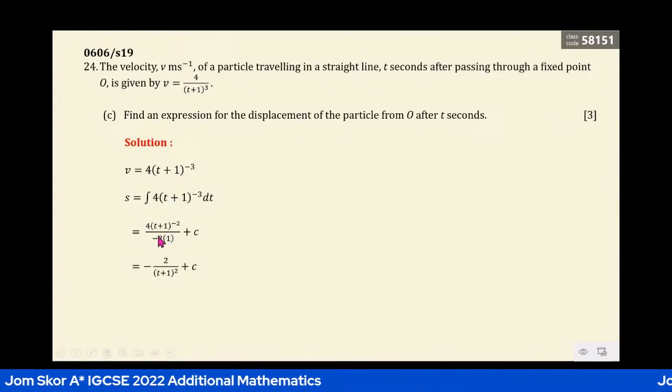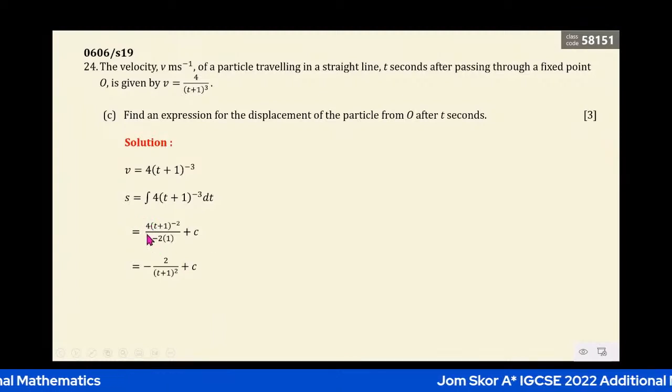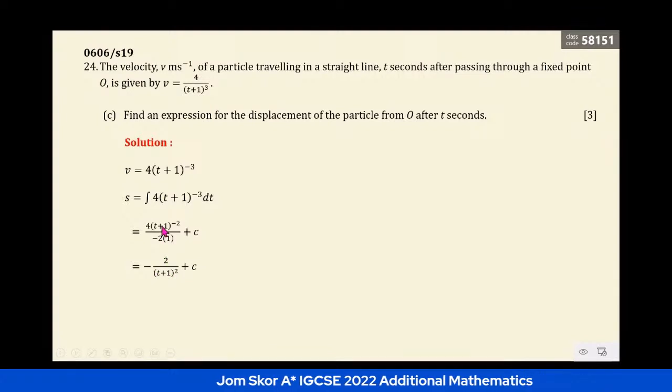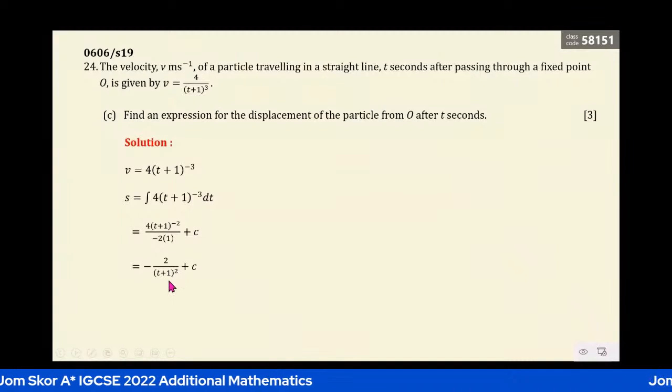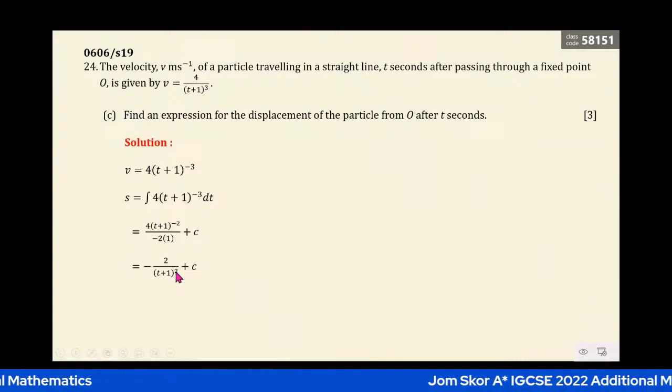You cancel out these 2 and then here become 2. So negative ni pindah duduk depan. So you get 2 and then T plus 1 to the power of negative 2 turun balik dia ke bawah and then the answer, the index become positive 2 dekat sini.